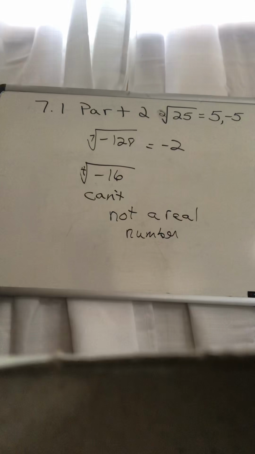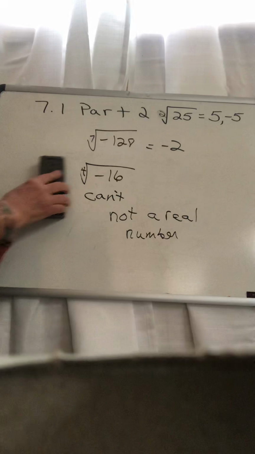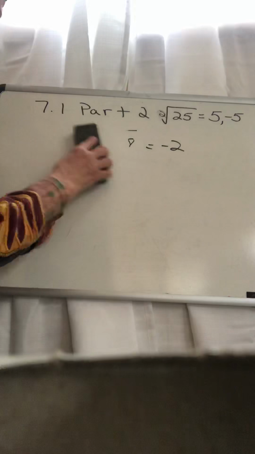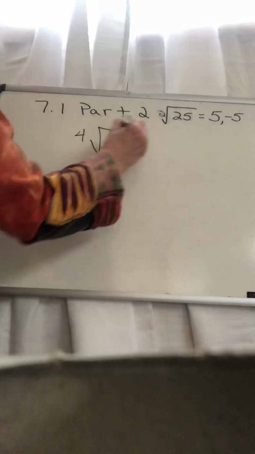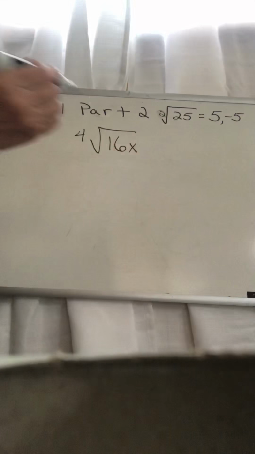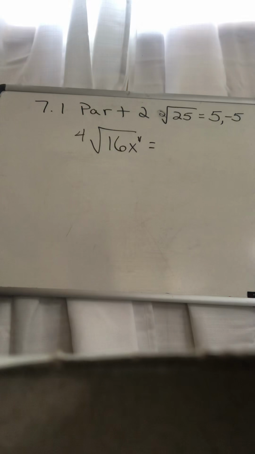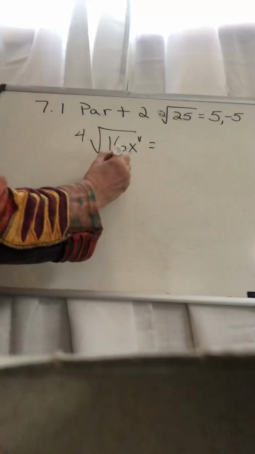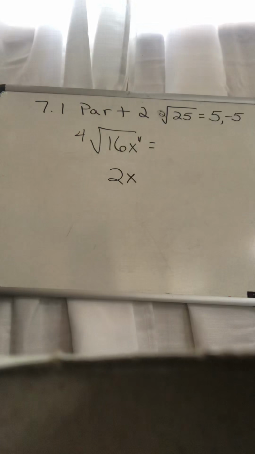Okay, example 4. So this time we have a positive radicand, we have an even index, we're assuming that the variable can represent any real number, and so 2 is the root, and then x to the 4, the root would just be an x.